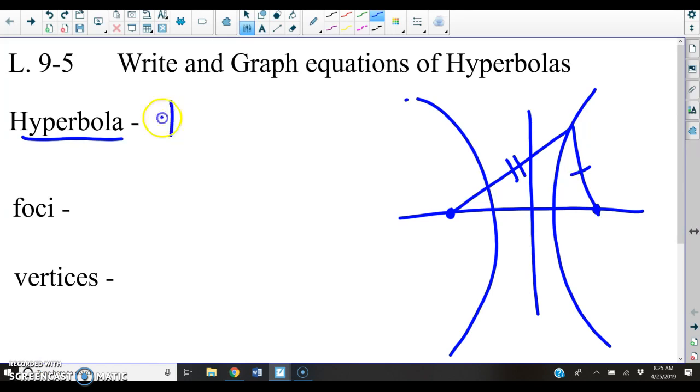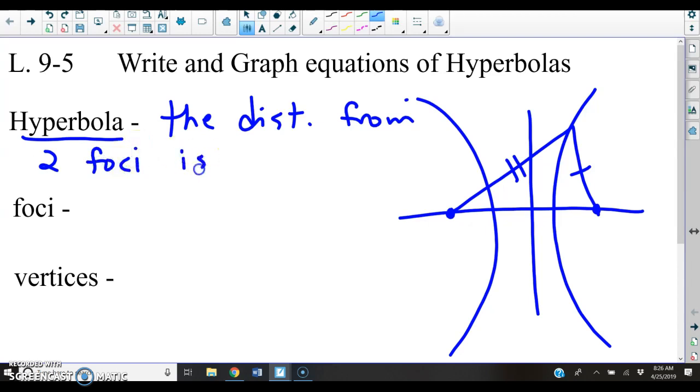So it's the set of points on a plane where the distance from two foci, two set points, is a constant difference. And it almost looks like two parabolas. Each of those are called a branch, each half.